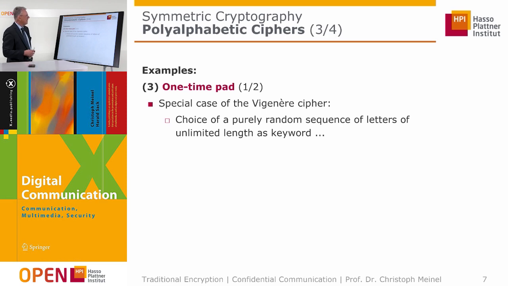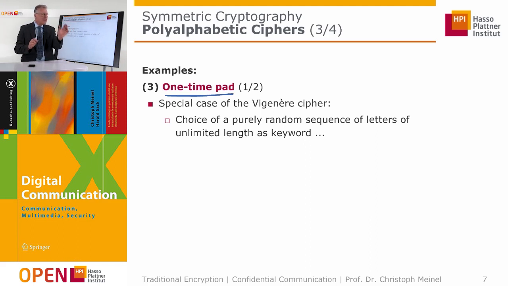There are different famous examples of this polyalphabetic cipher. One which is very interesting from a theoretical point of view is the so-called one-time pad. And the one-time pad is a special case of the Vigenère cipher. And here is the choice of the keyword.